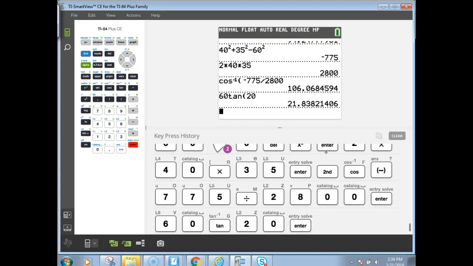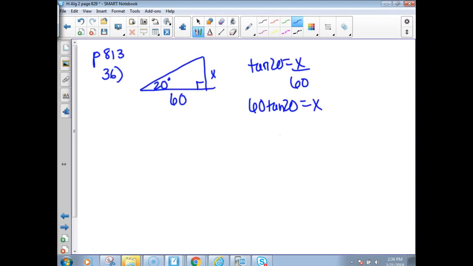That's 21.8 feet. Then 46 feet, 28.6 feet.